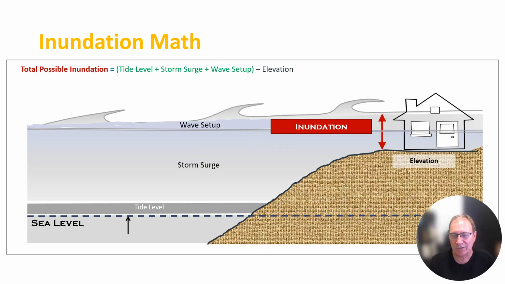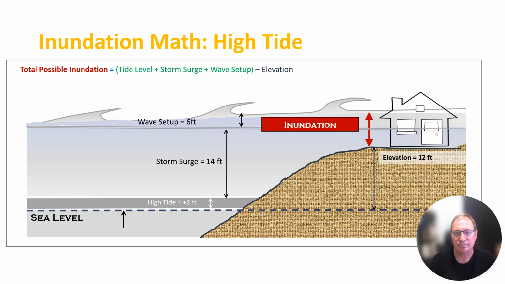And then total inundation, or total possible inundation at any given location, is really including all three of these factors: storm surge, tide level, and wave setup. And again, this just gives us another image of what that looks like.